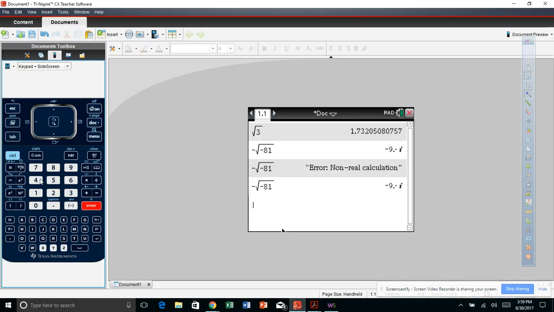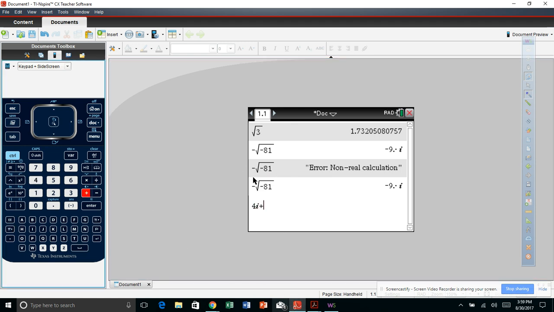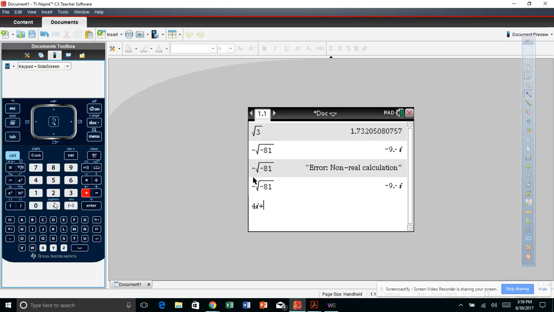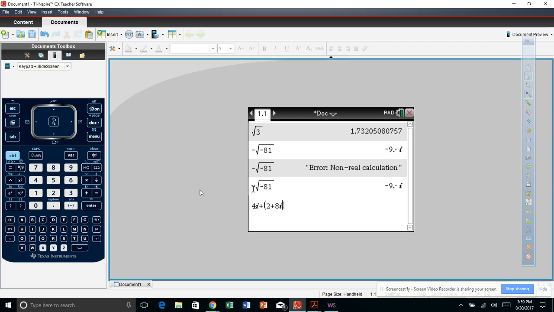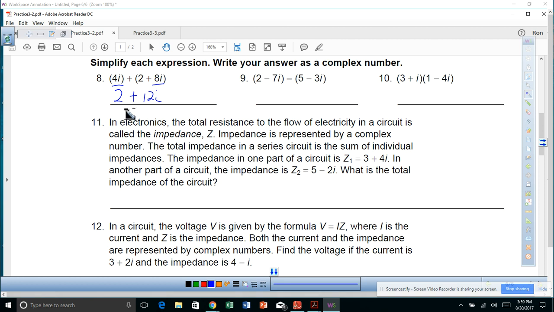So you have 4i plus, and then what was it? 2 plus 8i. Open parentheses, 2 plus 8i, and then press enter, and you got 2 plus 12i, and we got 2 plus 12i.